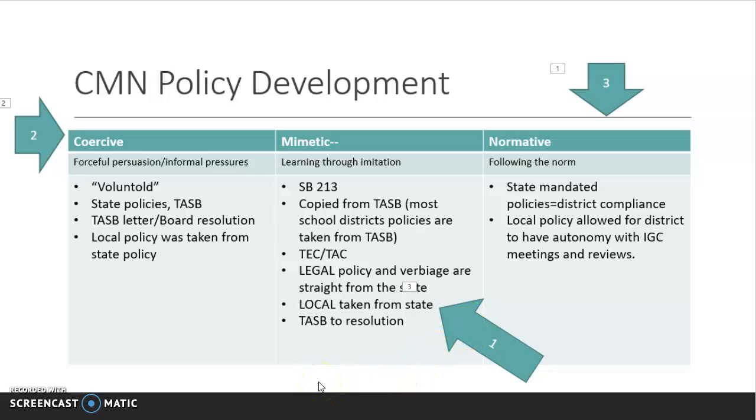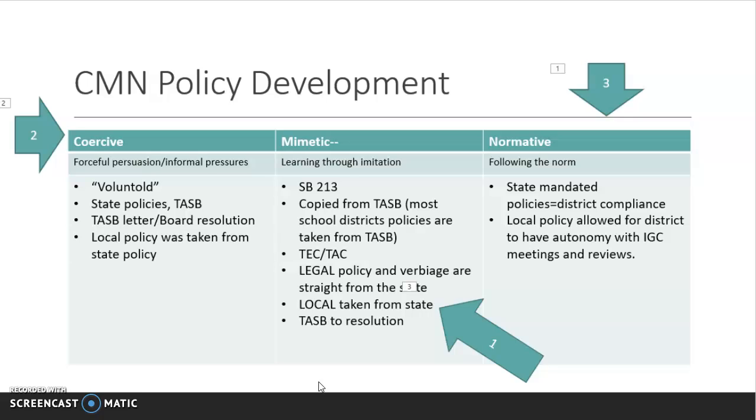Learning through imitation. Through everything we do on this IGC project, it was top down, given to us from the state through TEC, TASB, TAC. It was put into legal policy, local policy, and then obviously TASB to resolution for our district. So we learn through imitating what the state standards are set for us.